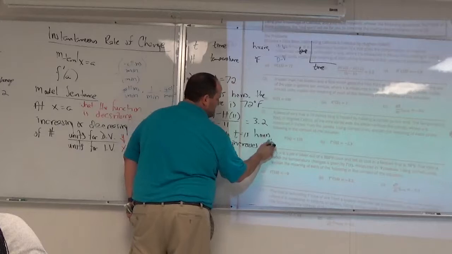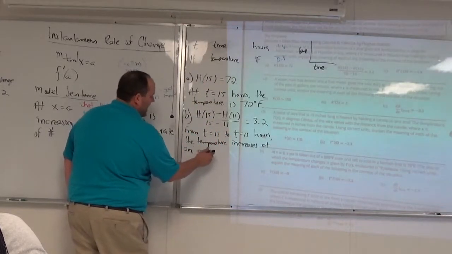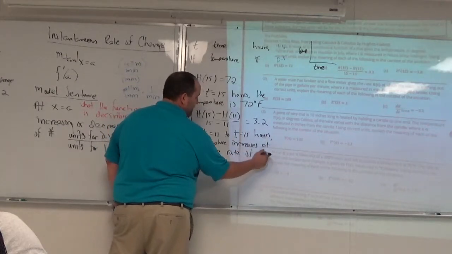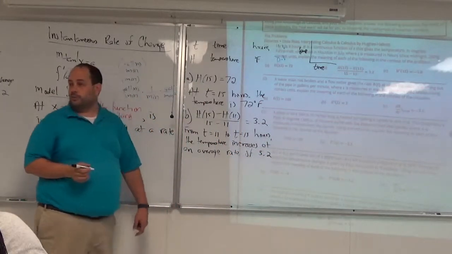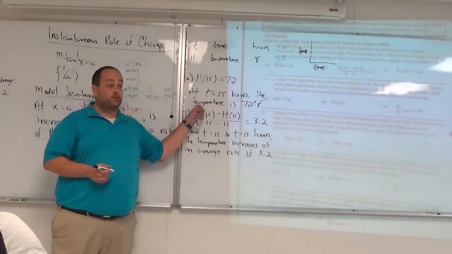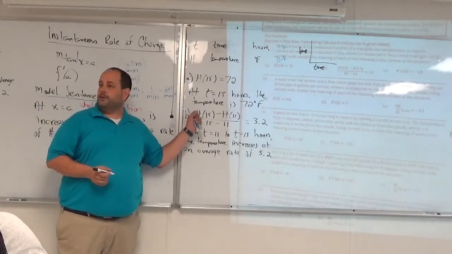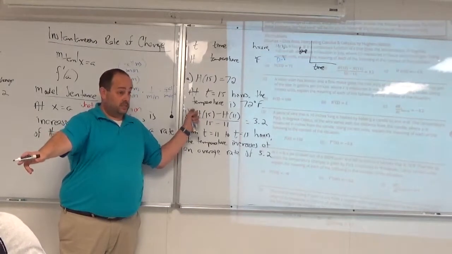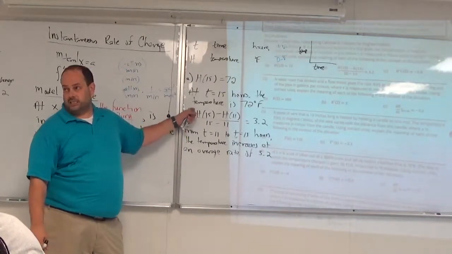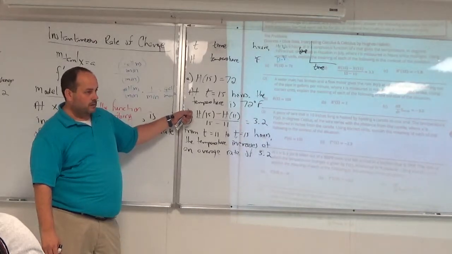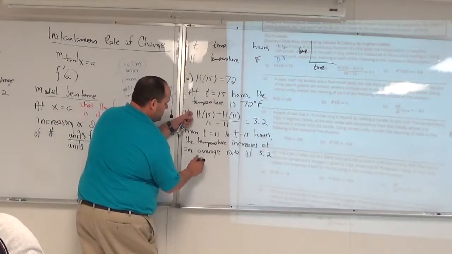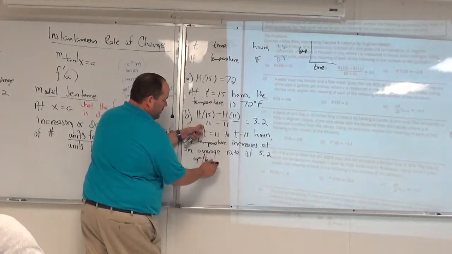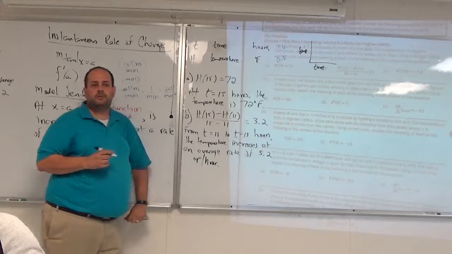It increases at an average rate of 3.2. Get the units right. Units for H, not temperature. What are the units? If this is temperature up here, this is degrees Fahrenheit. What's in the denominator? Hour. So it's degrees Fahrenheit per hour.